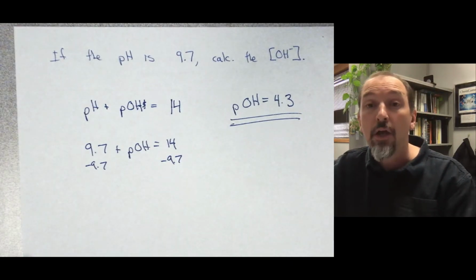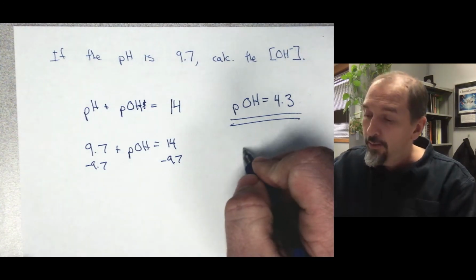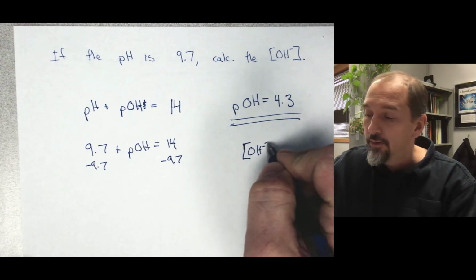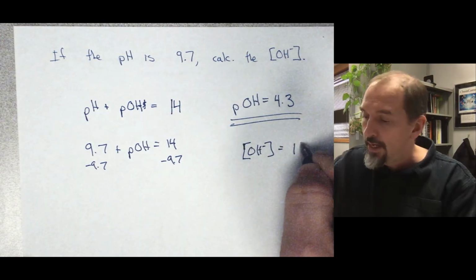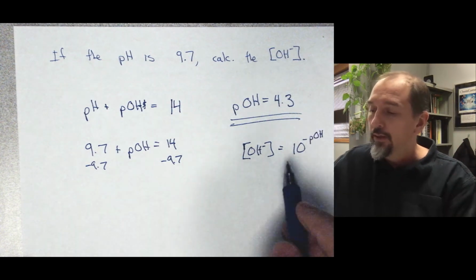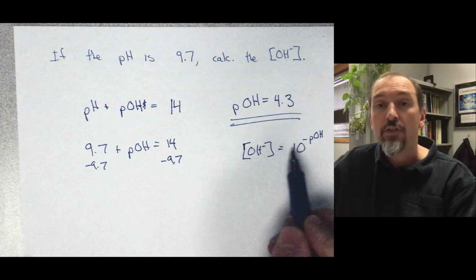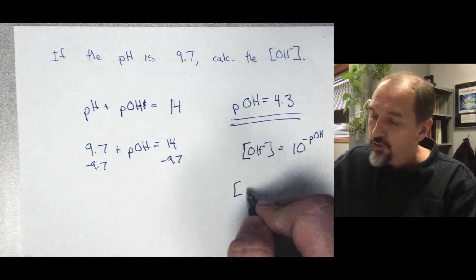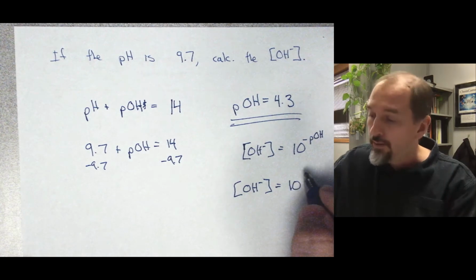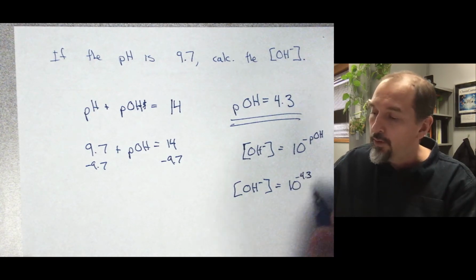Now that I know the pOH value, I can find the OH concentration by using the fact that the OH concentration is equal to 10 raised to the minus pOH. So again, that comes from that pOH equation. So my concentration of OH minus will be equal to 10 raised to the minus 4.3.